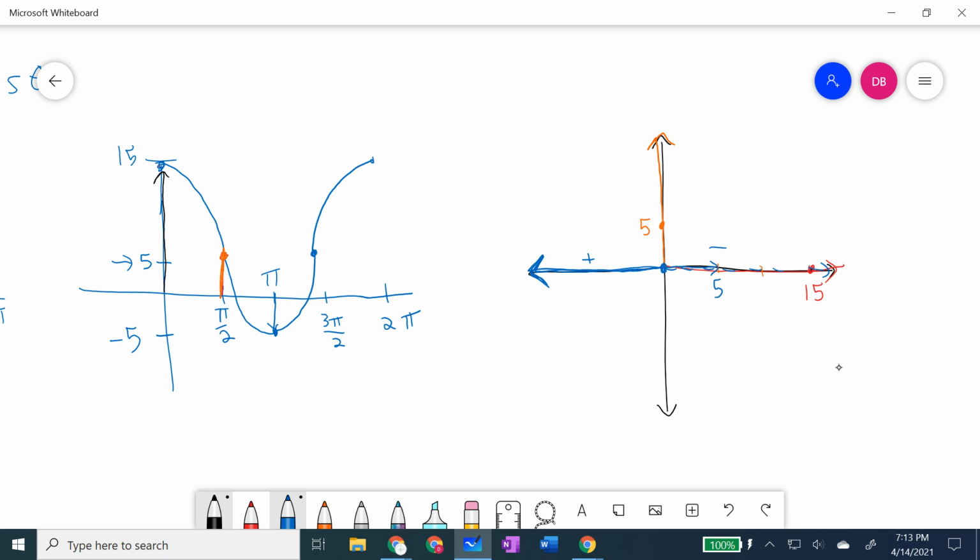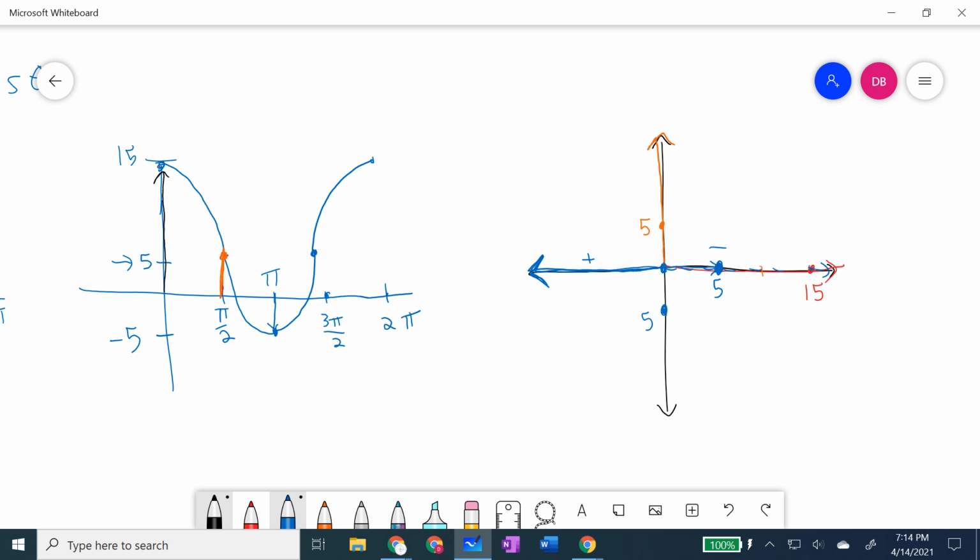Now, you feel like putting a -5, but when you plot your polar points, you keep them positive at all times because it's just representing the positive radius. When you go to plot the point, you just know to plot it at the +5 on the opposite side of your 0. Then when we hit 3 pi over 2, we are back to 5 again. And then at 2 pi, we go all the way back to 15.